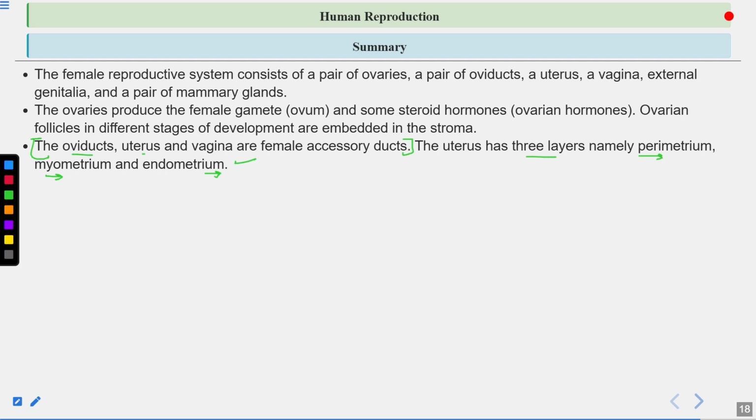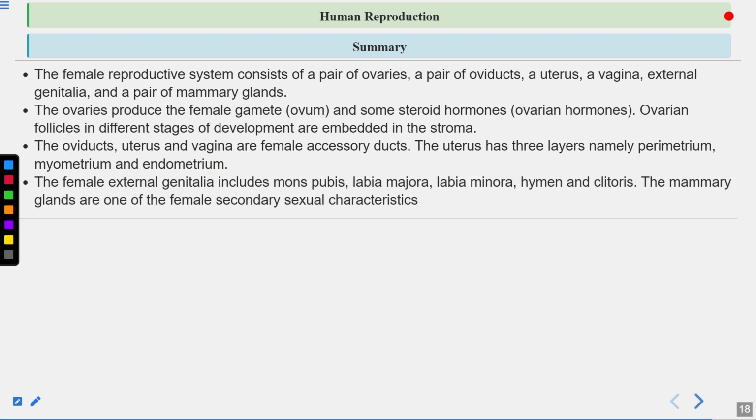When the progesterone level is maximum, the thickness will be maximum. When the progesterone level is very low, or when there is no progesterone, the endometrium will become very thin. It will break. This is known as shedding of the endometrium, which leads to menstruation or bleeding.